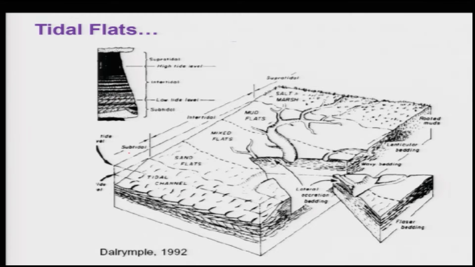If you travel from the ocean side towards the mainland side, you find supratidal areas where slightly deeper water will be there, and then you have intertidal areas, and the intertidal areas also comprise mud flats.